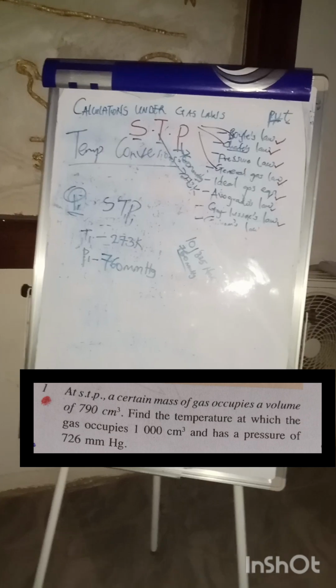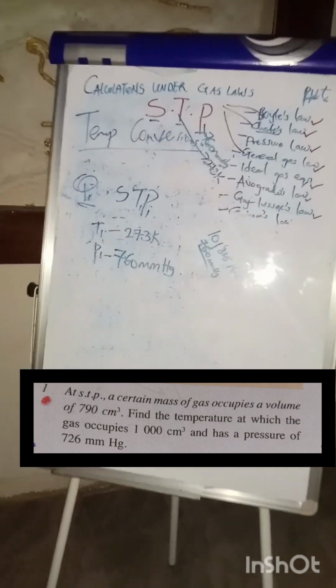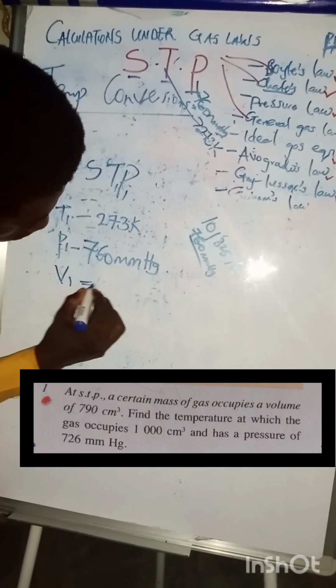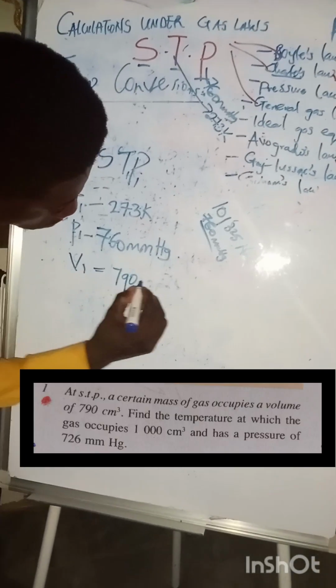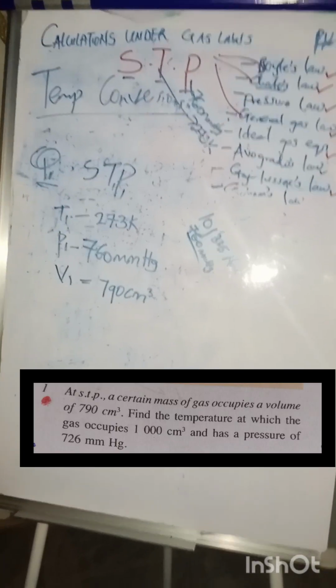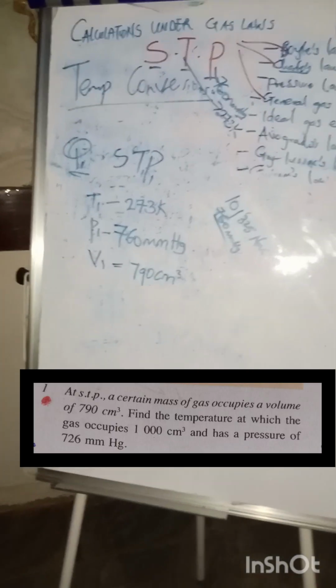So now let's continue from where we stopped. He said occupies a volume of 790. So our V1 is 790 centimeter cube. This thing is very simple. Please take note. Now let's continue.